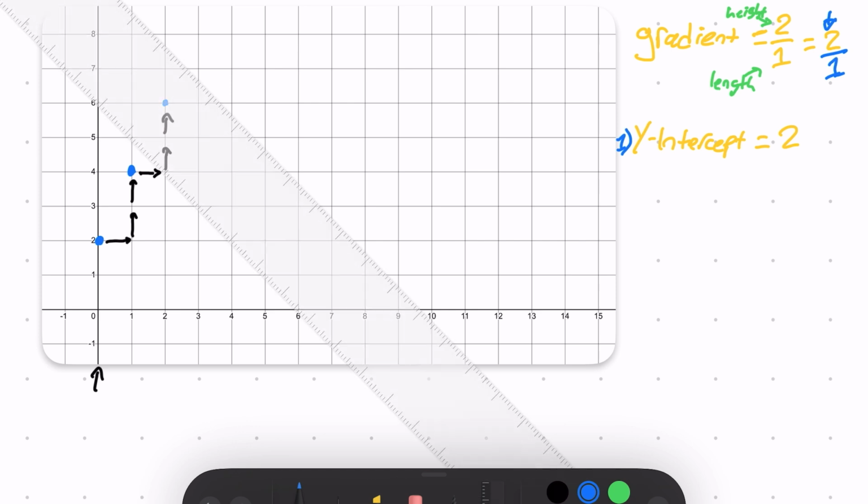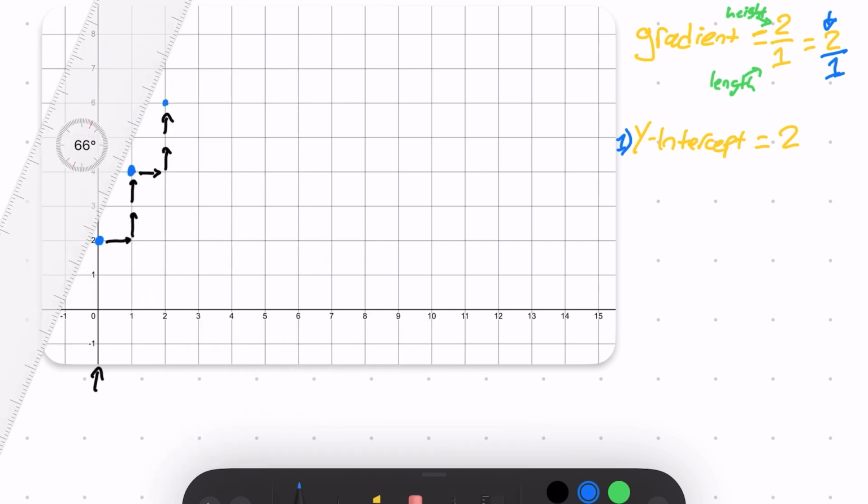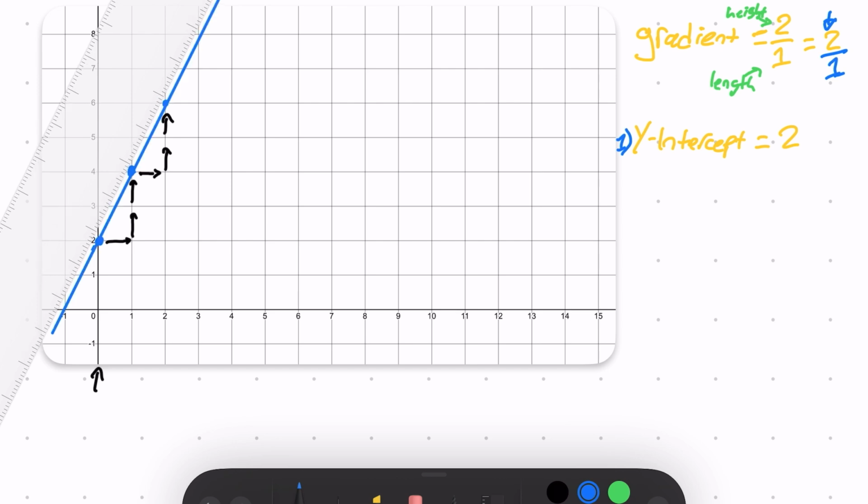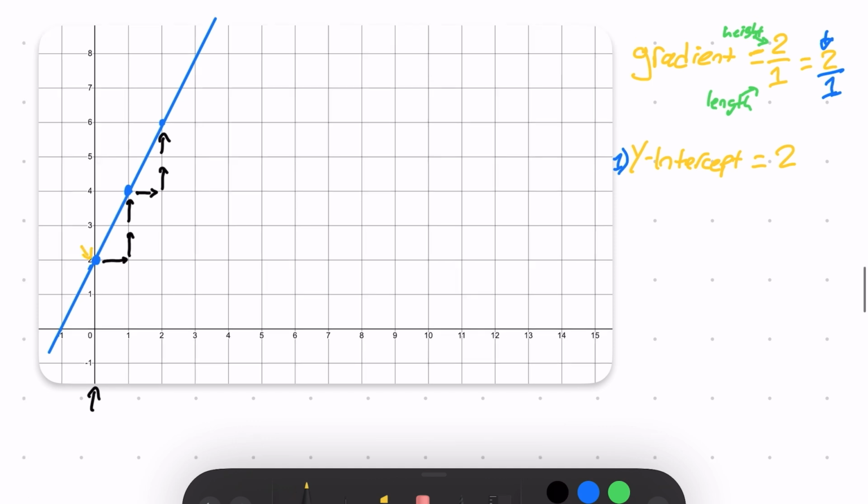Once you have those dots, grab your ruler out, line all 3 dots up as best you can, and draw a line through them, like that. And there is our line, which has a y-intercept of 2 and a gradient of 2 over 1.